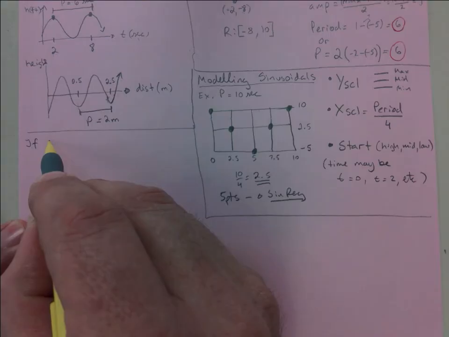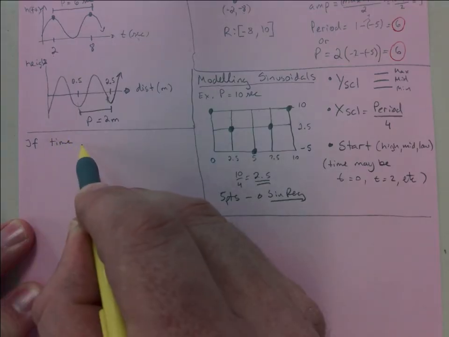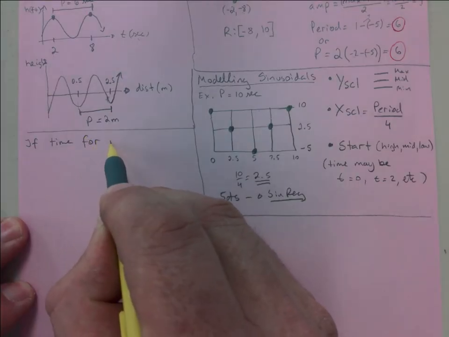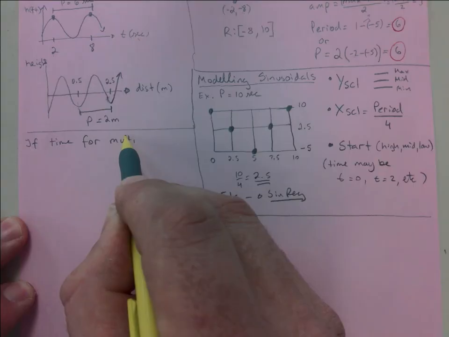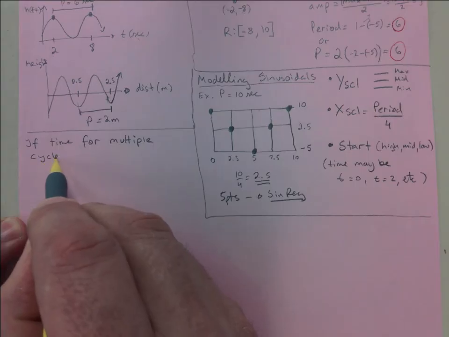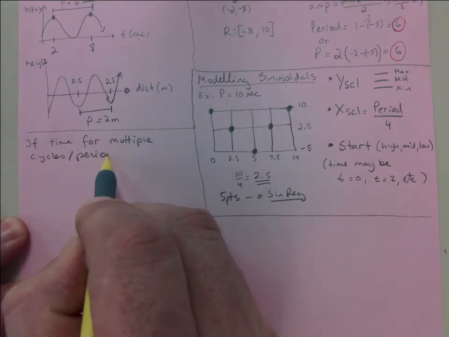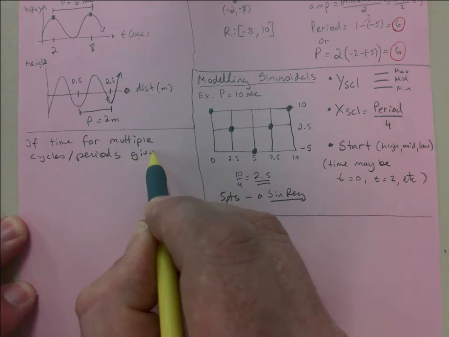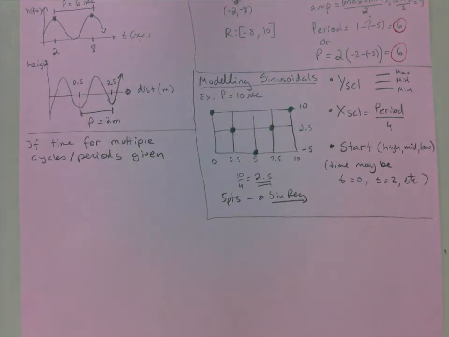How should I say this nice and sweet here? If time is given for multiple cycles, periods, I would add this, so you never know what they're going to do, right, on the provincial. So if they say like, you spin around 10 times in 5 minutes, that's not good enough because that's 10 cycles.